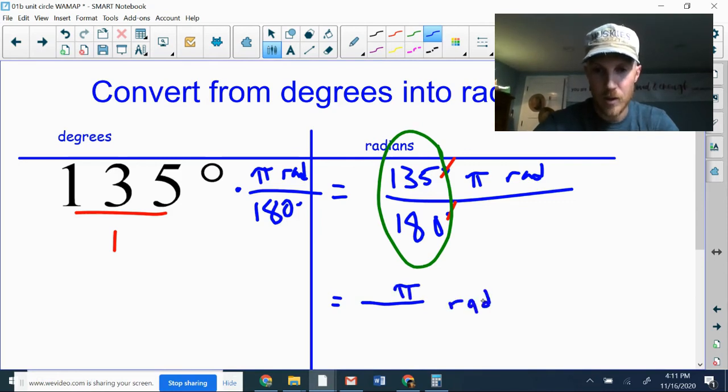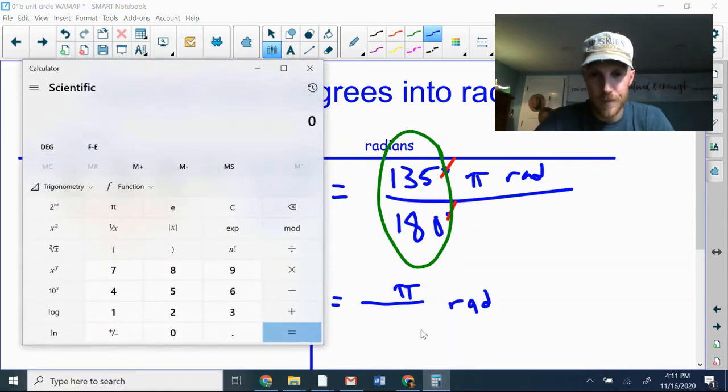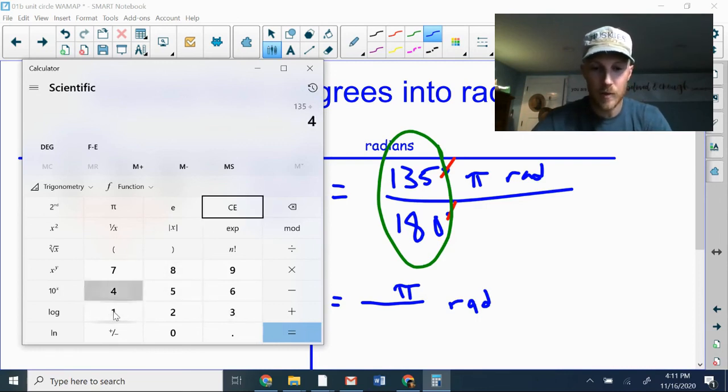So let's see if I can come up with a way to reduce 135 over 180. I know that they're both divisible by 5. It looks to me like 45 is going to go into both. 45 times 2 is 90, 135. Yeah. Okay. 135 divided by 45, that's 3. The numerator is going to be 3 pi radians.